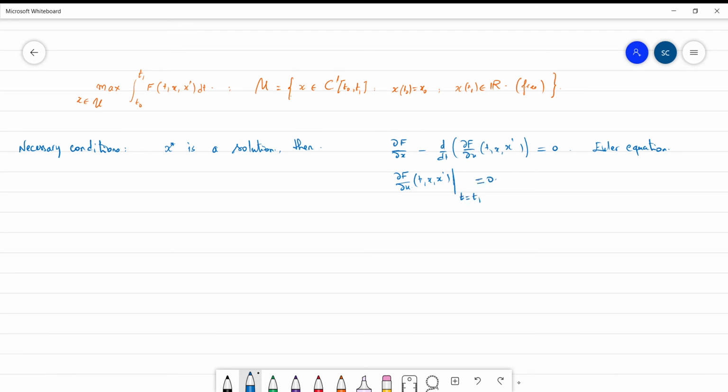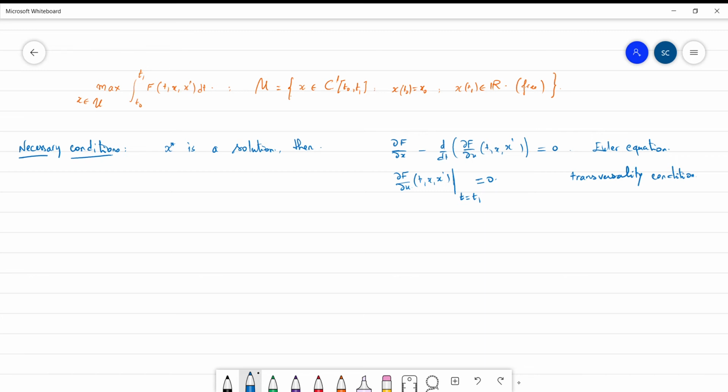This one is new: the transversality condition. So necessarily, if x star is a solution of the maximization problem in the set U, then we will have the Euler equation and the transversality condition. That means if we are looking for candidate points, they will necessarily be among the solutions of this system.